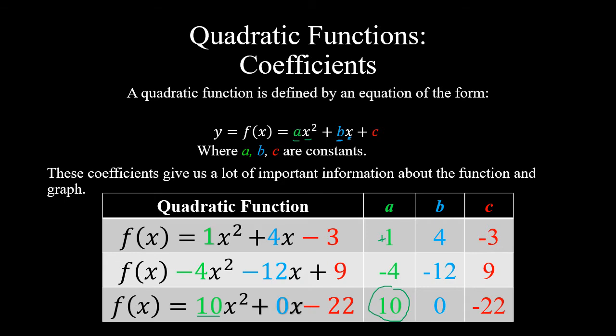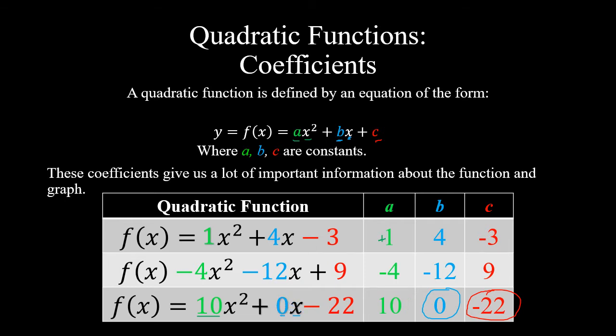It's sort of like we have a 0x there, right? 0, there's nothing there. 0 times x is just going to give us 0. This is going to go away, all right? So our b here is 0, all right? We have no just x term, and so our coefficient there must be 0, right? It's zeroed out. And then, of course, what's our c hanging out at the end, our constant at the end here? Well, it's -22. All right, so our a is 10, our b is 0, and our c is -22.